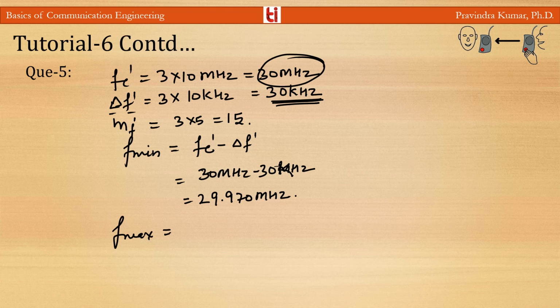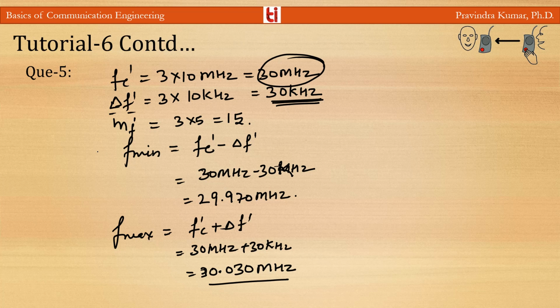And the maximum will be Fc dash plus delta F dash, so it will be 30 megahertz plus 30 kilohertz, which is 30.030 megahertz. This is at point A.